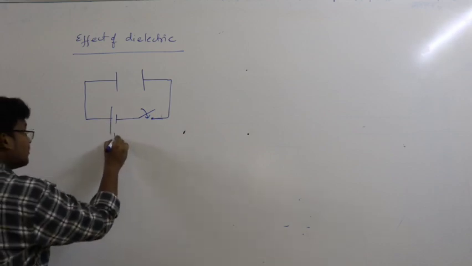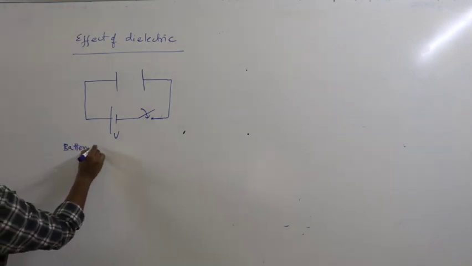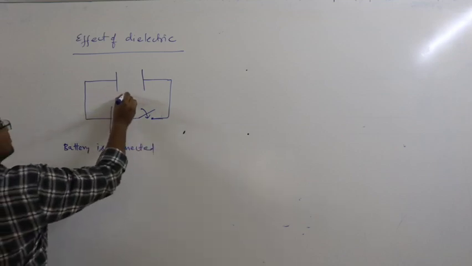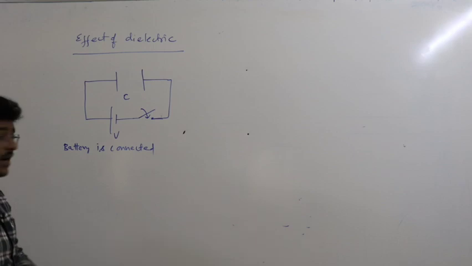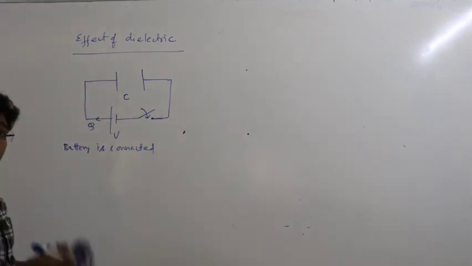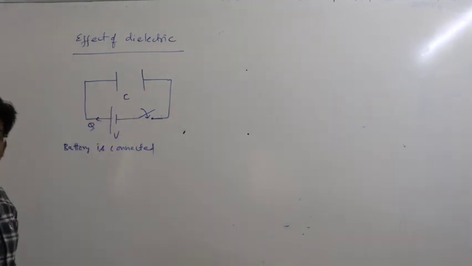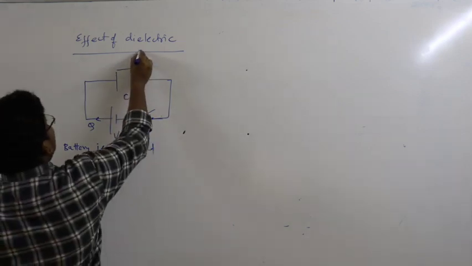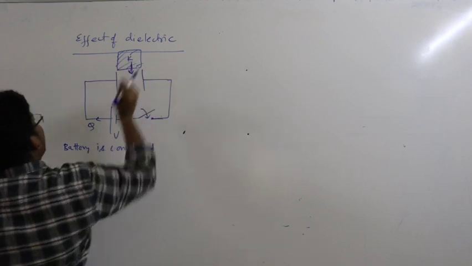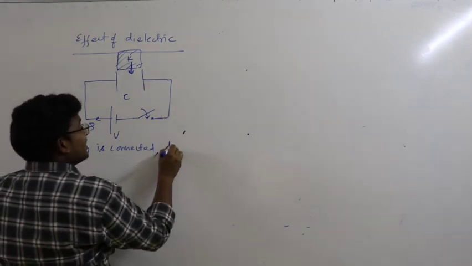Let me take the battery voltage as V. The battery is connected and the capacitance is C, and some charge Q will start flowing. Now my question is: initially there is no insulating material between the plates. Now I am just dropping in some dielectric. The battery is connected, and now the dielectric is inserted.